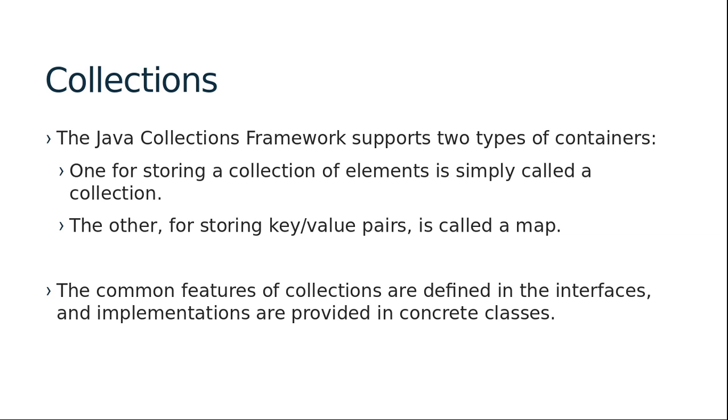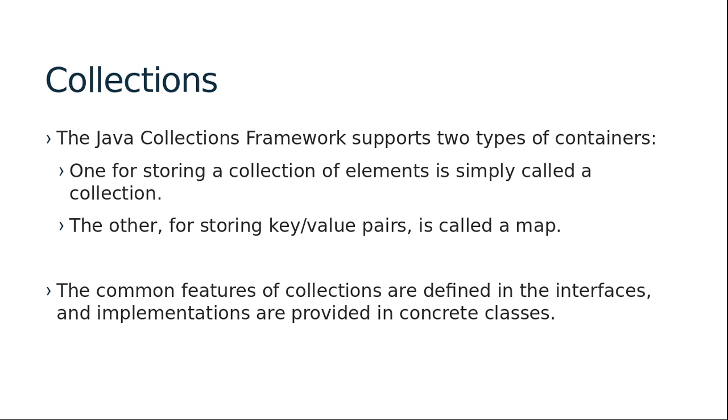It has mainly two types of containers. One is the normal one, which will simply store a collection of elements, and it is simply called a collection. The second one will store key-value pairs, which is called a map. In this current unit, we are going to look at collections. Maps you will see in the next unit.